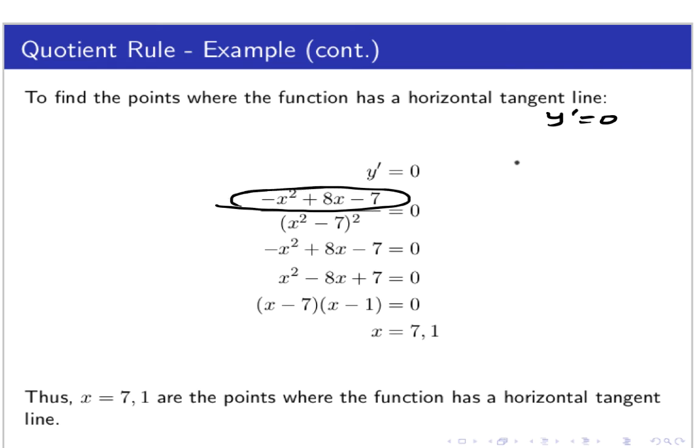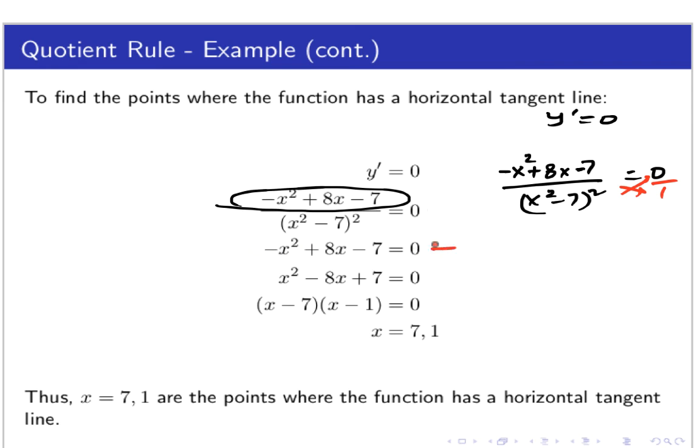Or if you think in the other way, you can think in terms of cross multiplication. So it's like 0 over 1, so you multiply this with this. So the minus x squared plus 8x minus 7 times 1 equals x squared minus 7, the whole square times 0. So basically it's the same thing.